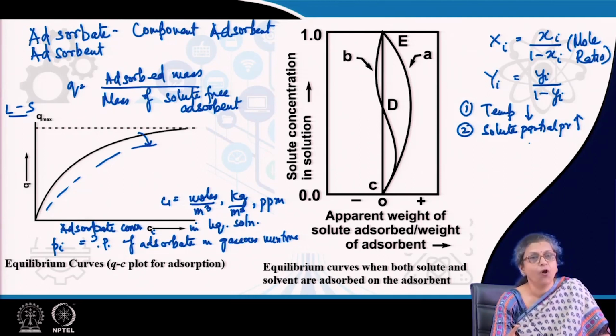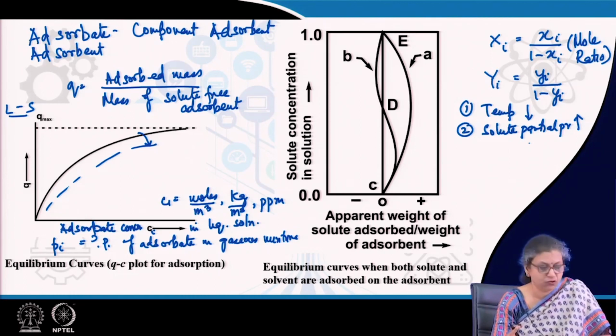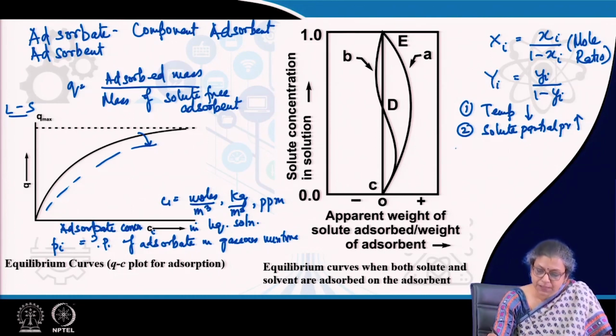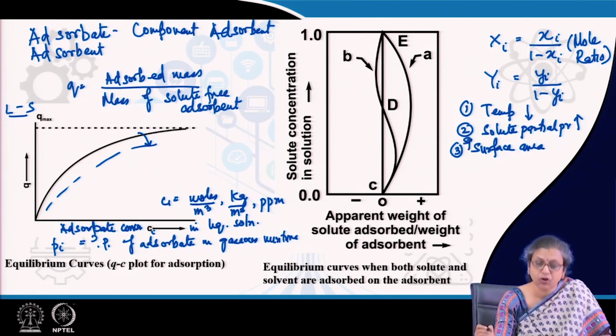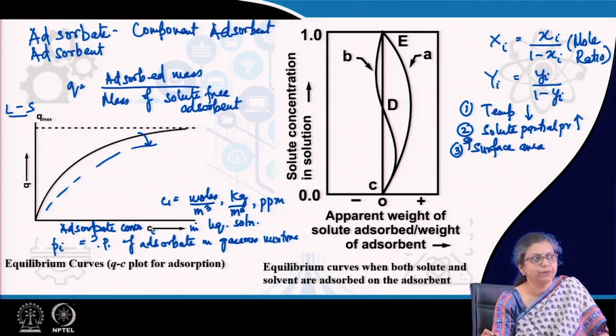There is one other thing also which is important in adsorption, which did not occur in vapor liquid equilibrium or in your solubility curves: the specific surface area, because we need to remember that adsorption is a surface phenomenon, right.